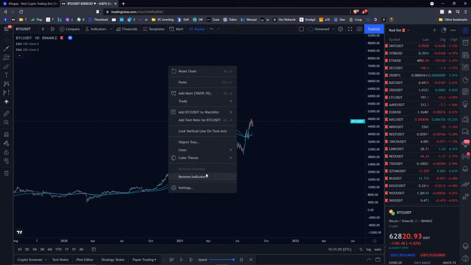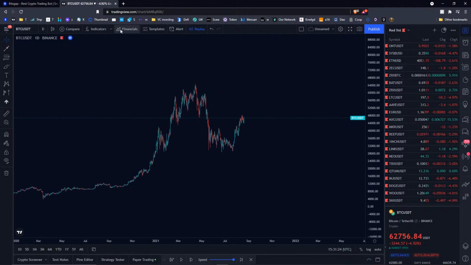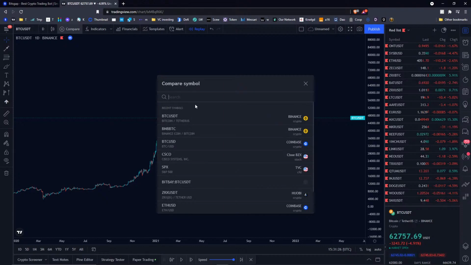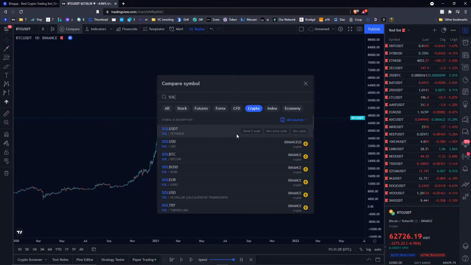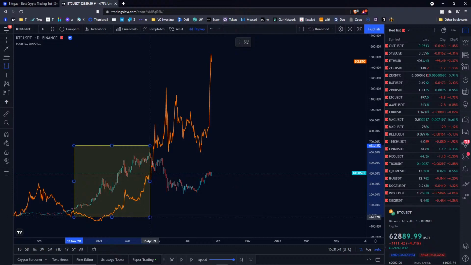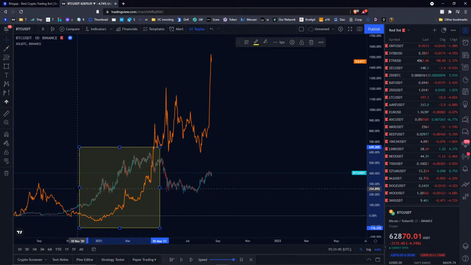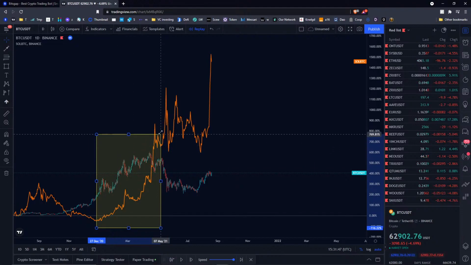So maybe let's use example with okay, that's Bitcoin, and now let's have an overlay with Solana coin. Solana to Bitcoin maybe. Let's see. So when you look at this chart, you can see that during this period, well, actually that would be an ideal one to start from here.